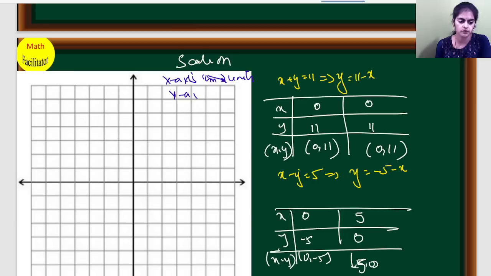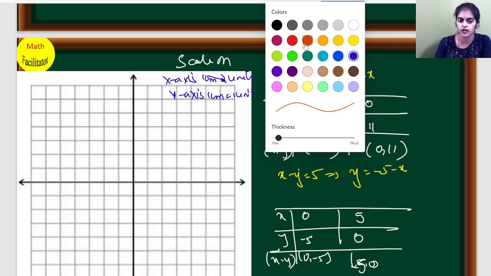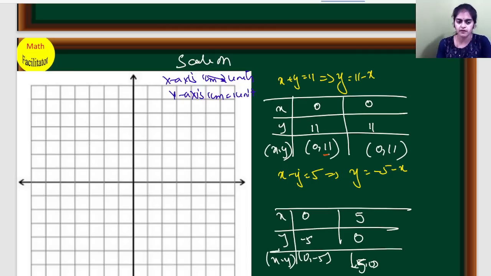Right, so have a look here. Scale on y-axis: 1 centimeter equals 1 unit. You will get the notes of this on the Math Facilitator website. Now the maximum value is 11, and we have 0, minus 5 and 5. So let me take the y-axis as 2 units, and the x-axis is also 2 units. So on the x-axis it is 2 units, and on the y-axis 1 centimeter equals 2 units.